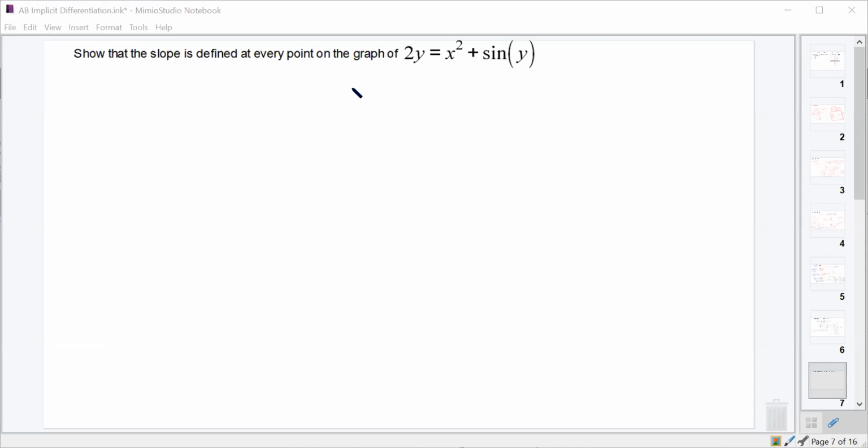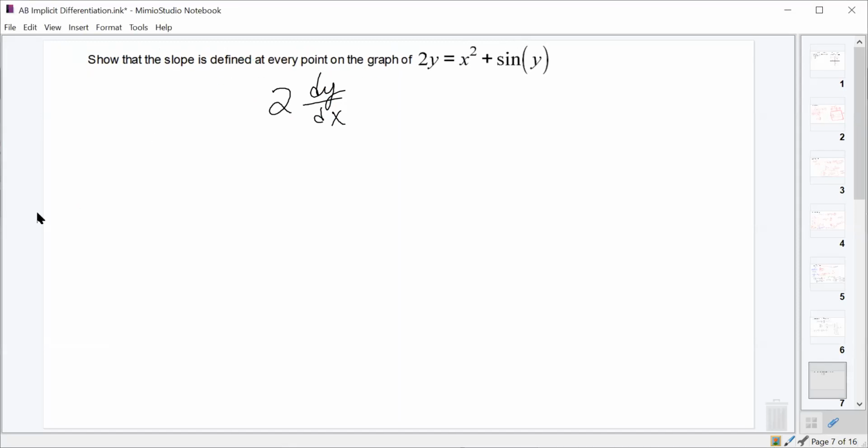The derivative of 2y should be what? 2 times dy/dx. And what about the derivative of x squared? The derivative of x squared is 2x. And what about the derivative of sine y? Cosine y dy/dx. Everybody good with that?